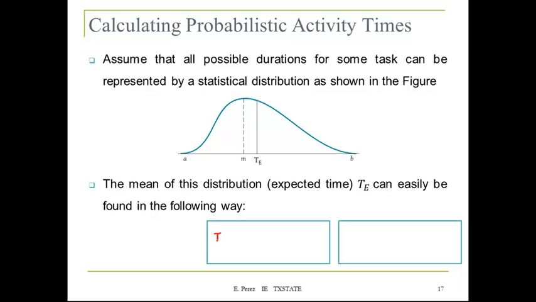So we're going to estimate the mean time duration as equal to (A + 4M + B) / 6, where A is the optimistic estimate, M is the most likely estimate, and B is the pessimistic estimate.